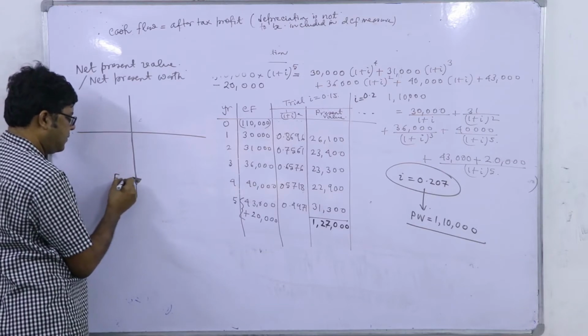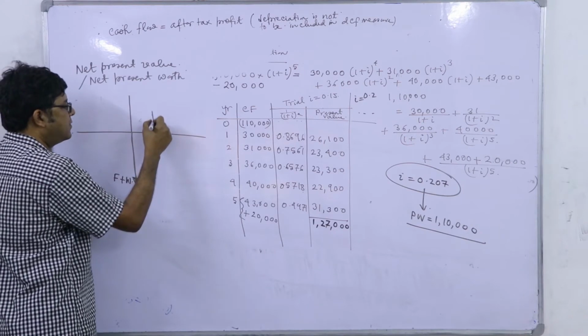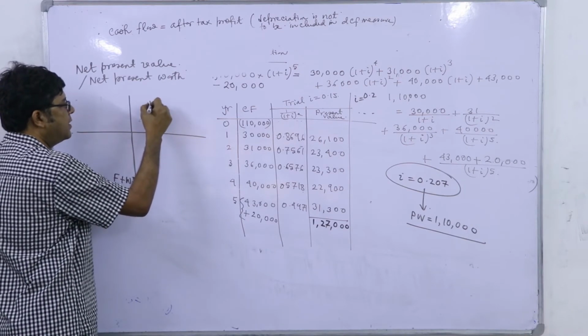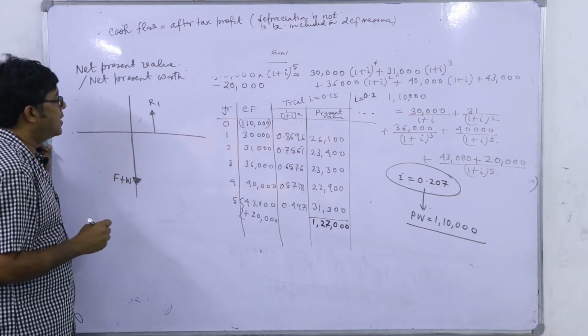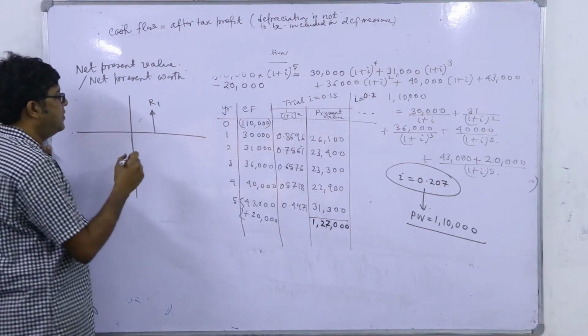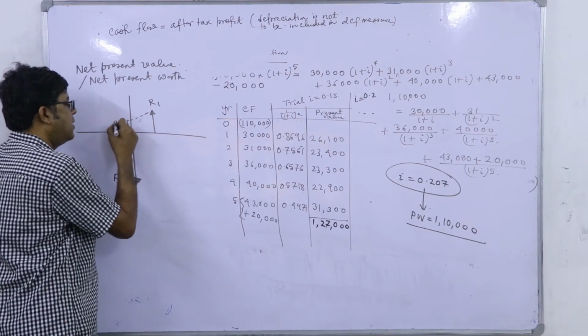So, F plus W. Now, in the first year if you have a profit R1, or rather we should call it cash flow to the company without considering the depreciation. So, this reduces to R1 prime.